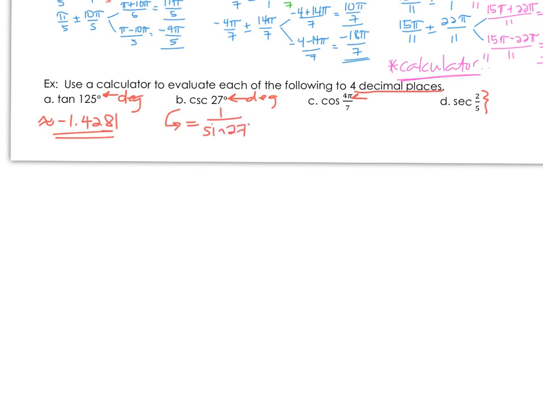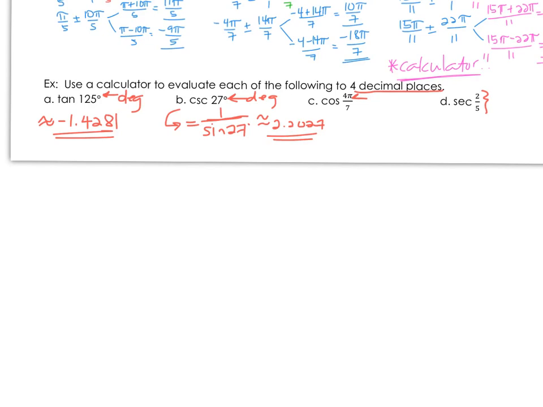Now notice how I type that into my calculator. 1 divided by sine 27, enter. This is important to type in to make sure you can do it. You should get approximately 2.2027. So anytime you see literally a degree symbol, make sure your calculator is in degree mode.